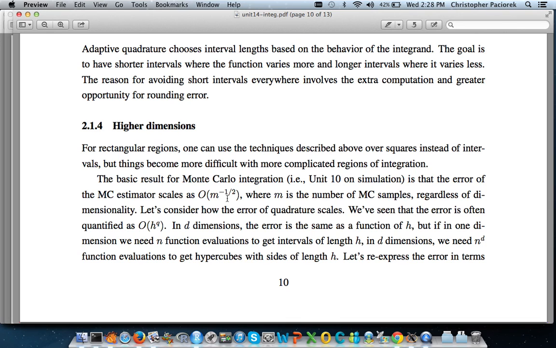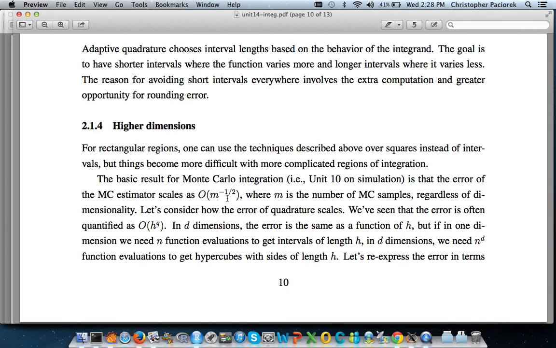We could, for example, choose the same h as we did in one dimension, and then we're going to have n here and n here. If we evaluated each of these corners of the grid points, we would have done n squared function evaluations. Here we would have done n evaluations, and here n squared evaluations.